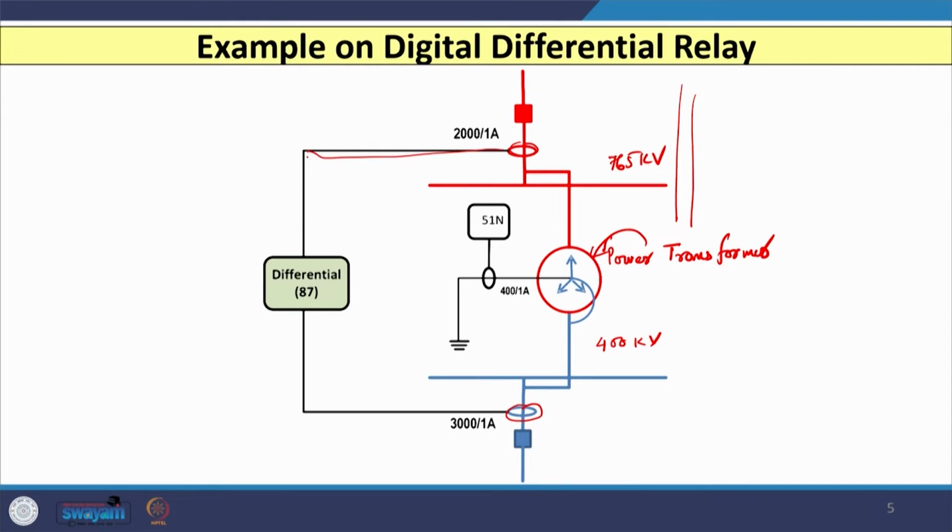The outputs of these CTs are given to the differential relay. Of course, this transformer has several other protection functions also. If I have, let us say, overcurrent and earth fault protection, 51N, then we need a separate CT as I told you earlier.